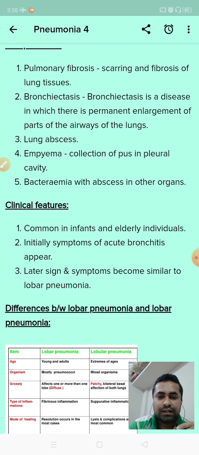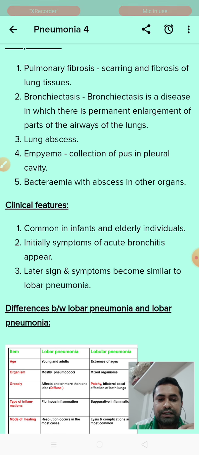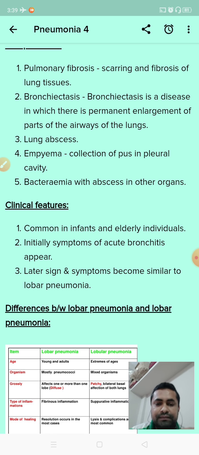Okay. Now clinical features. So the first thing to note is that it is common at the extremes of age, like in young children or old persons. Generally not seen in adults. It is seen in infants and elderly individuals.